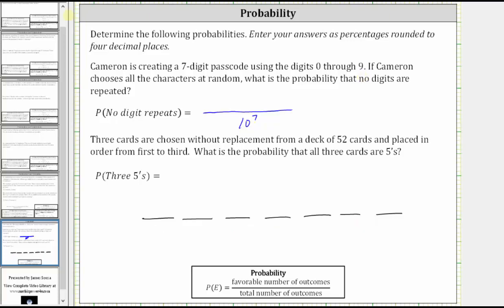So if repetition is not allowed, there are still 10 choices for the first digit, but then since that digit cannot be used again, there are only 9 choices for the second digit, 8 choices for the third digit, 7 choices for the fourth digit, 6 choices for the fifth digit, 5 choices for the 6th digit, and finally 4 choices for the 7th digit. Again, this is if repetition is not allowed. This product is equal to the favorable number of outcomes, or the numerator of the probability.